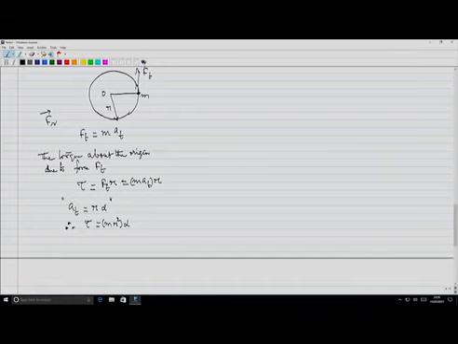Okay, so what is m r squared? Moment of inertia. So tau is I times alpha. So we have this important relation.